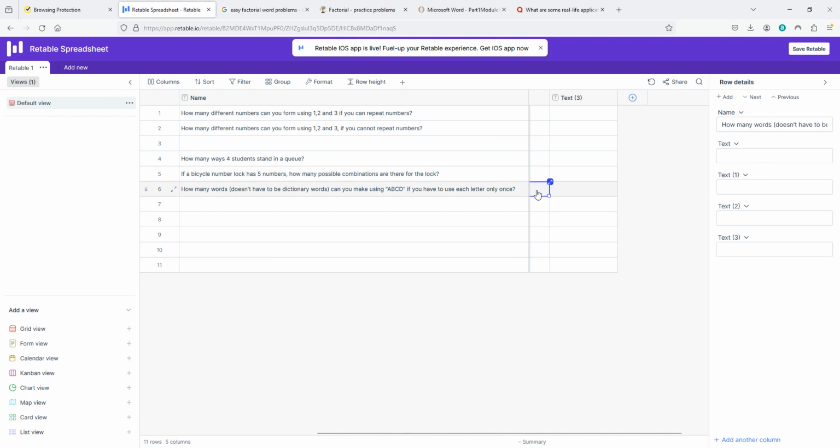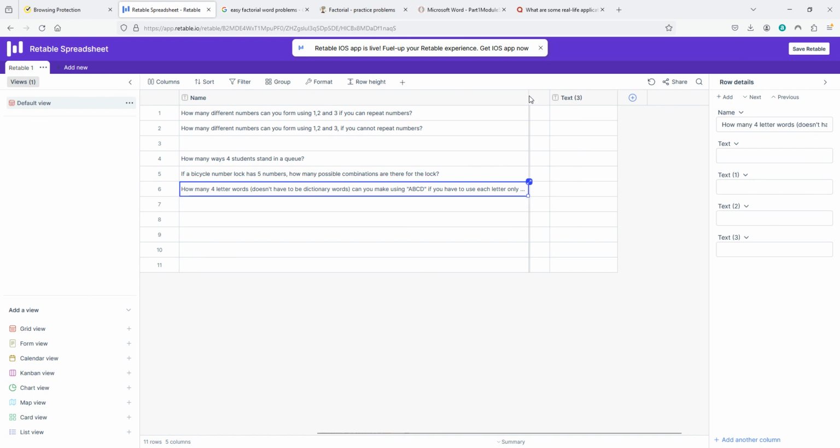And let's go to the last one. How many words, they don't have to be real words, can you make using A, B, C, D, if you have to use each letter only once? How many 4-letter words?